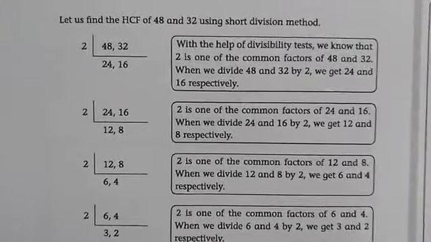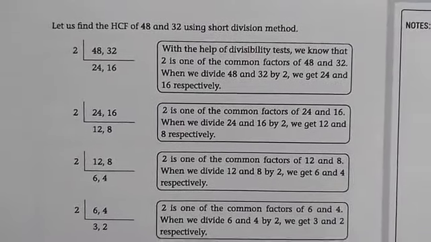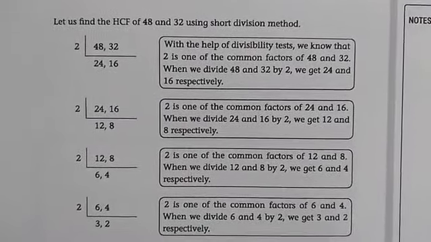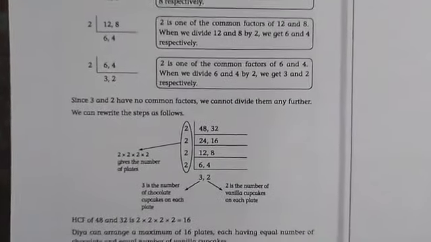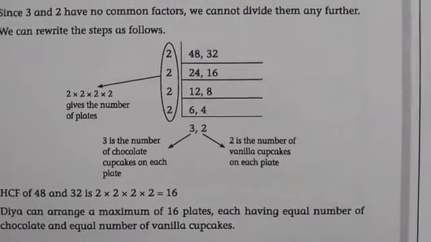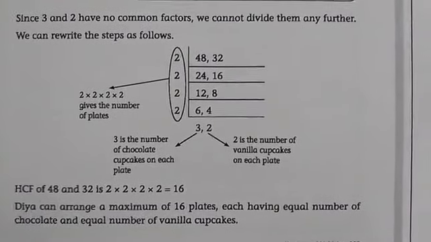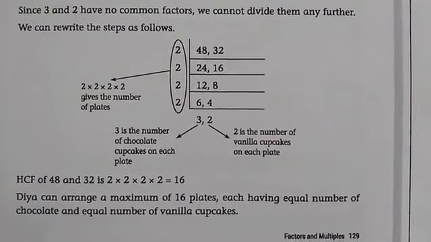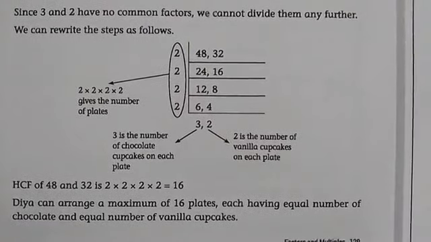Let us find the HCF of 48 and 32 using the short division method. The short division method. Okay. Observe here: 48 and 32. 2 24s are 48. 2 16s are 32. 2 12s are 24. 2 8s are 16.